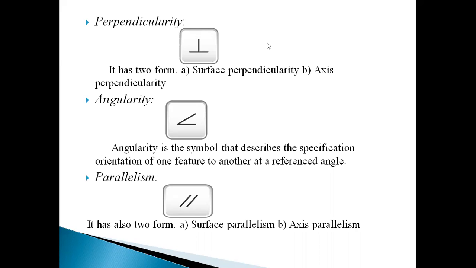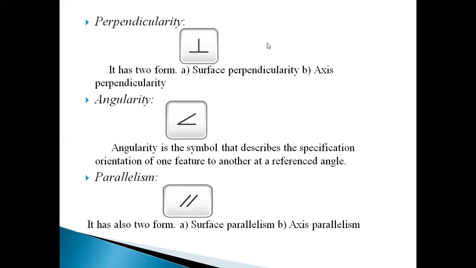Next one is parallelism. Parallelism is the condition of a surface, axis or line which is equidistant at all points from a datum line or axis. Parallelism actually has two different functions. First one is surface parallelism and next one is axis parallelism. Surface parallelism is a tolerance that controls parallelism between two surfaces.